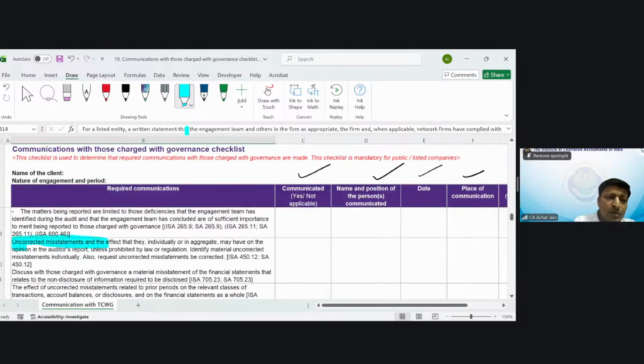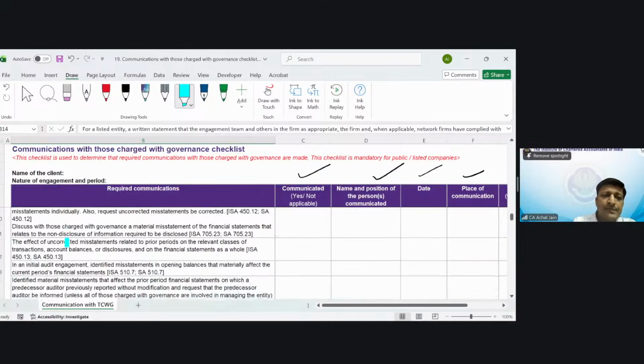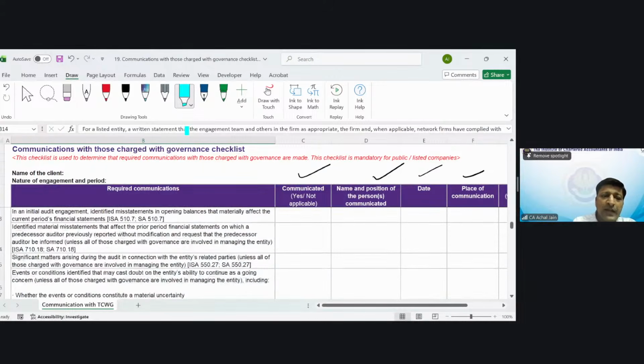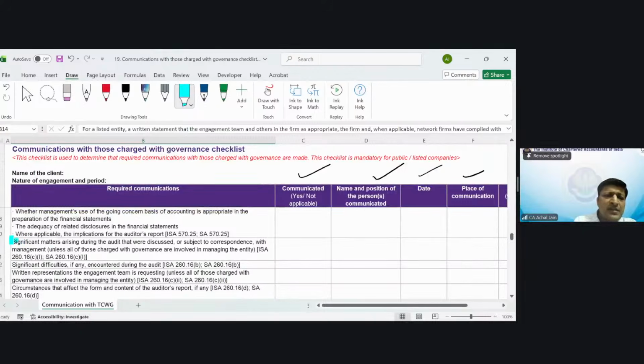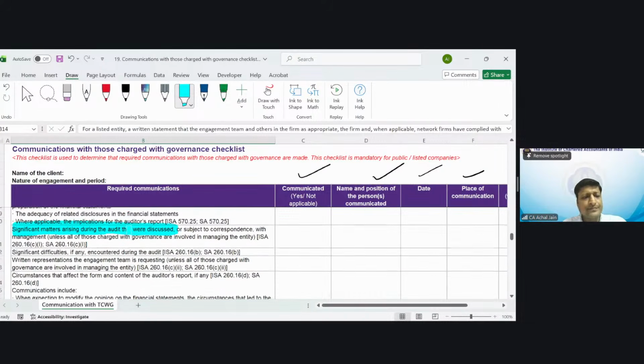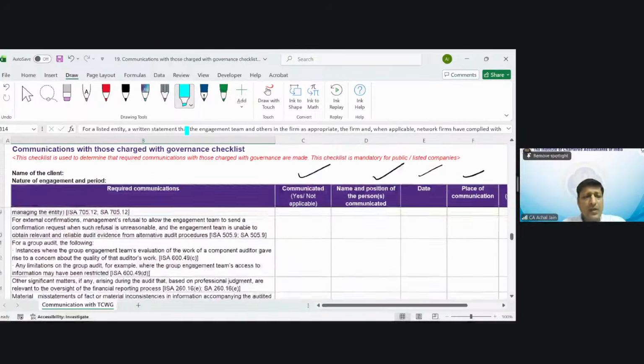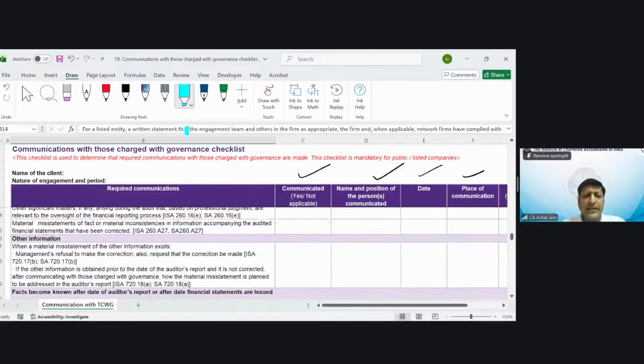Whether you talk about uncorrected or corrected misstatements, there are also significant matters arising during the course of audit. There can be various items.